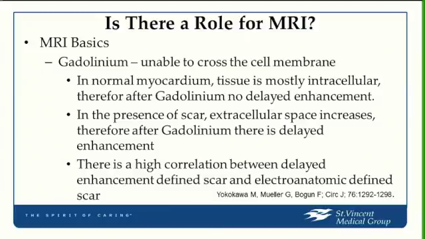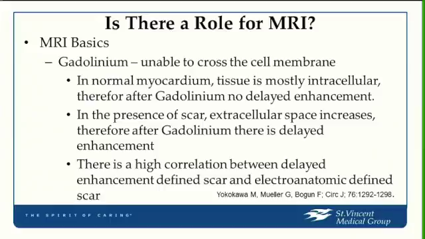The contrast agent is this substance called gadolinium. Gadolinium is contrast for MRI, just like IV dye is the contrast for CT scan. The key thing with gadolinium is it doesn't cross the cell membrane. In normal myocardium, the tissue is mostly intracellular. Therefore, after you give gadolinium, there's not a lot of extracellular space, and there's very little pickup of the gadolinium.